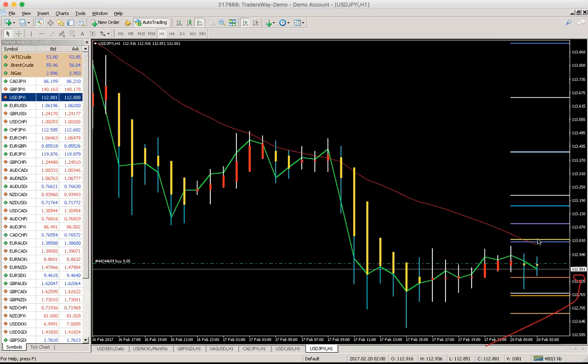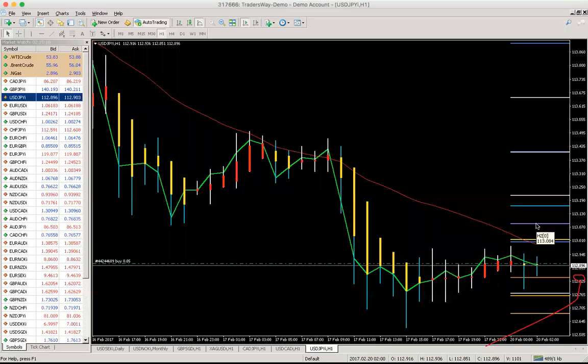The first take profit, let me see, that's the pivot. So my guess is Ben is looking for it to smash through the pivot here at 113, and then the next would be the second high, which is 113,084.